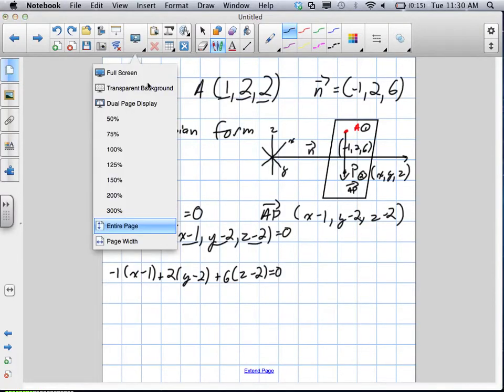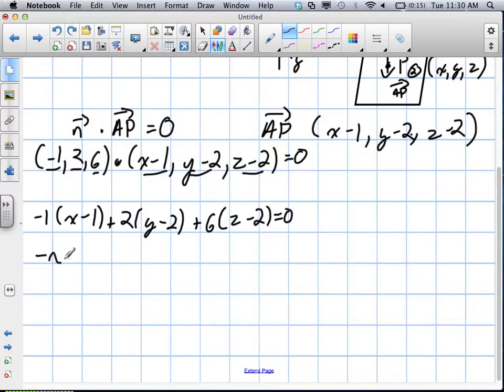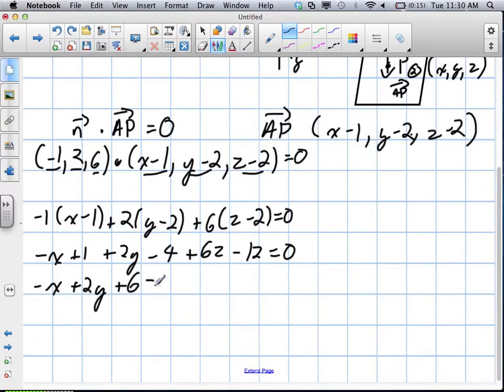We distribute our scalars: -x plus 1 plus 2y minus 4 plus 6z minus 12 is equal to 0. We're going to move all of our values here: -x plus 2y plus 6z, and then we have plus 1 minus 4 minus 12 equals 0.